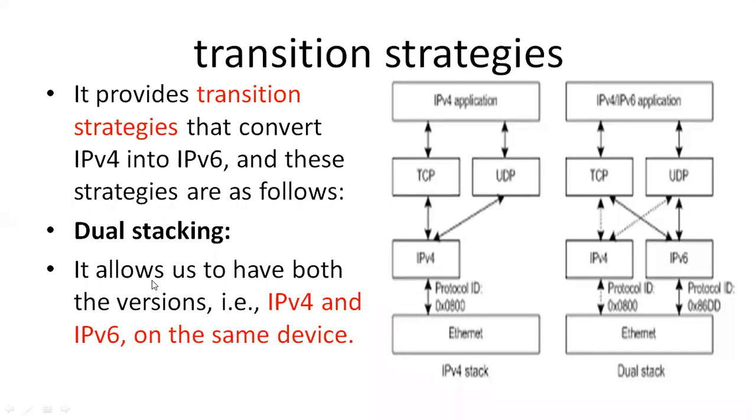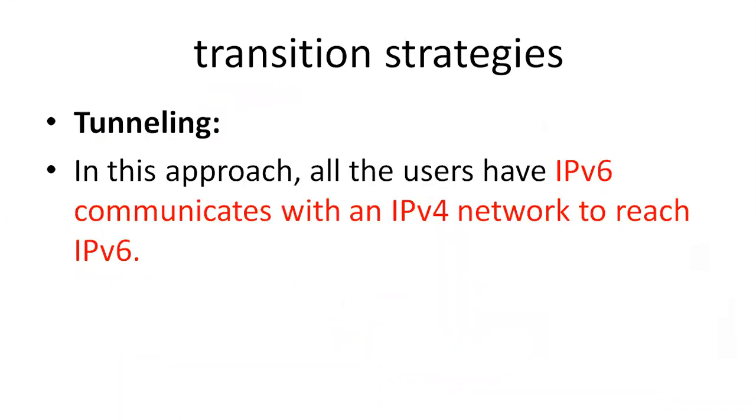That is called dual stacking. Dual stacking allows us to have both versions, IP version 4 and IP version 6, on the same device. Coming to tunneling: in this approach, users with IP version 6 communicate through the IP version 4 network to reach IP version 6.